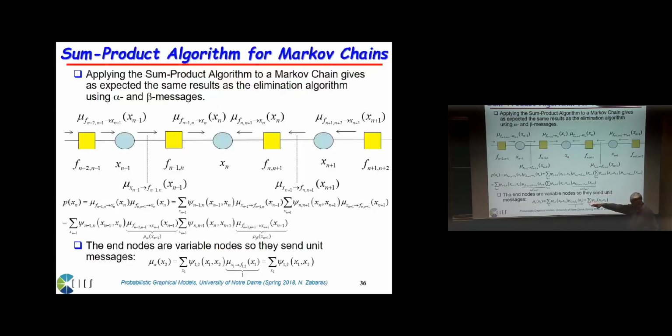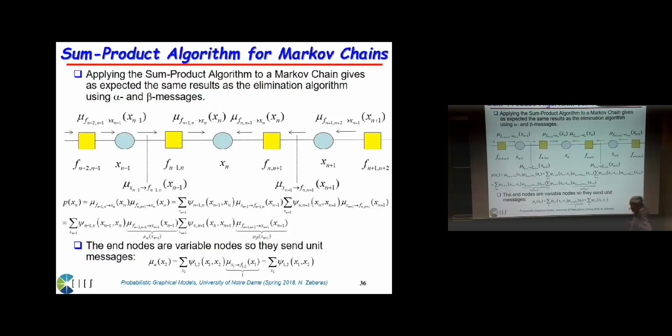Did we do that problem for a chain, the forward and the backward messages? So basically, what you are doing here is recovering the marginal of xn as the forward alpha message, which is what you see here written recursively, and the backwards beta message, which is what you see here recursively.